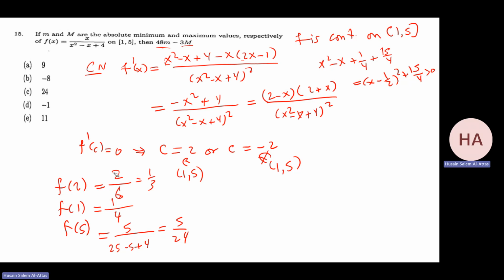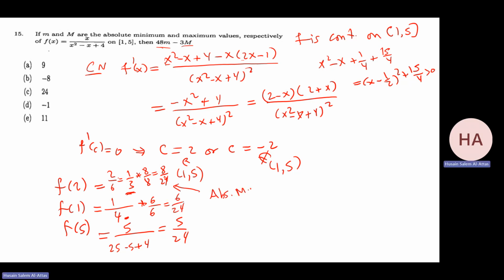I need to compare them, so I need to make the comparison easy. I know this is greater than this one. But about this and this? This is multiplied by 8 over 8, that will be 8 over 24. Also, this one, multiplied by 6 over 6, is 6 over 24.